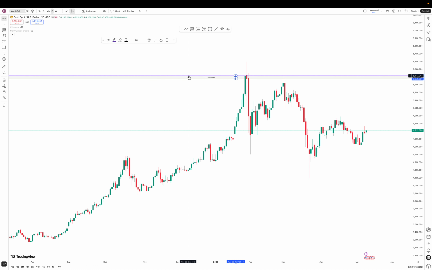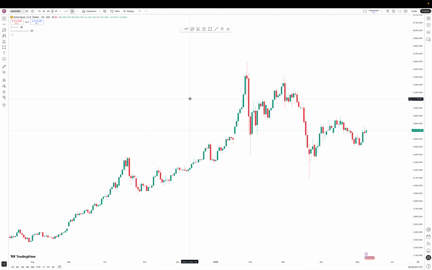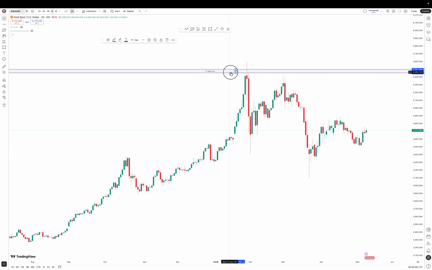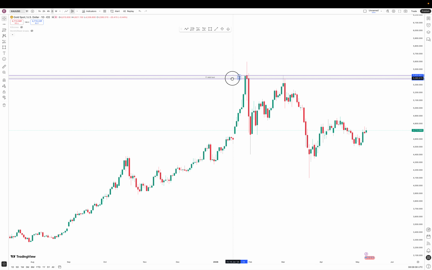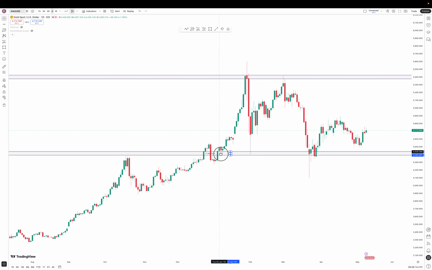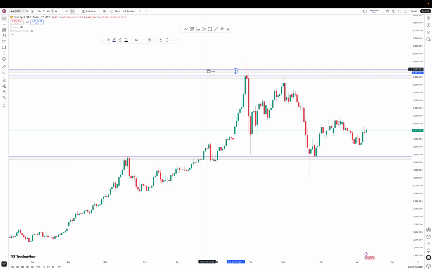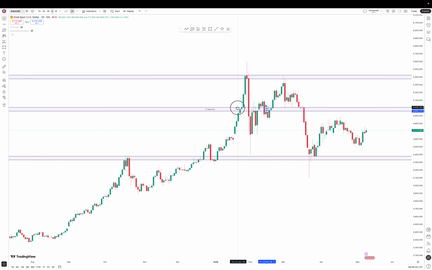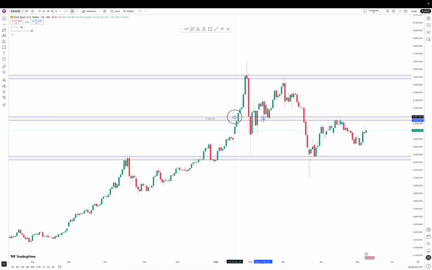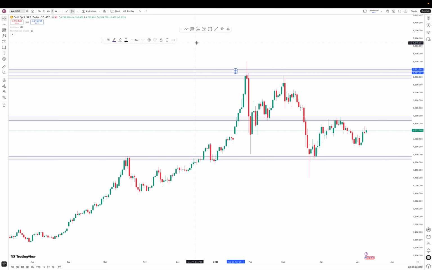Then let me clone this. Clone this. Okay. Can see the zones. These are the clear zones I can see right now.